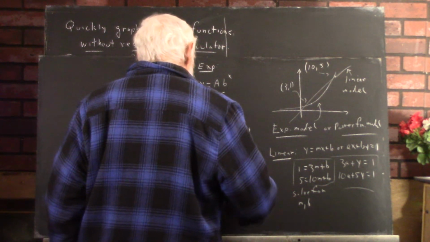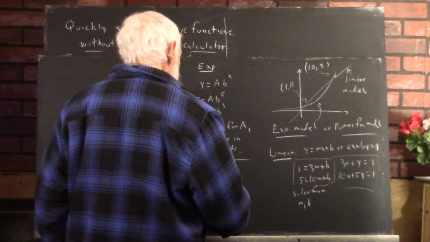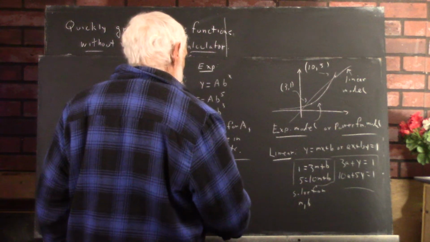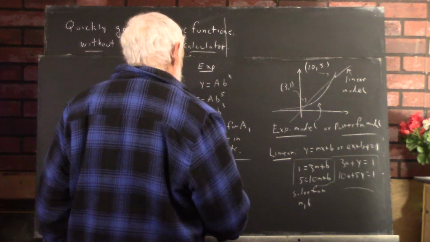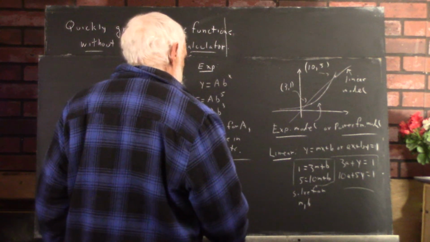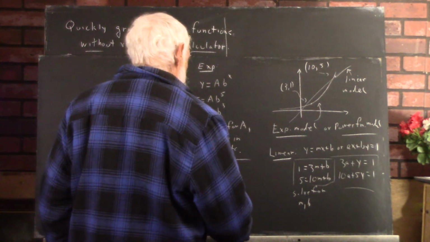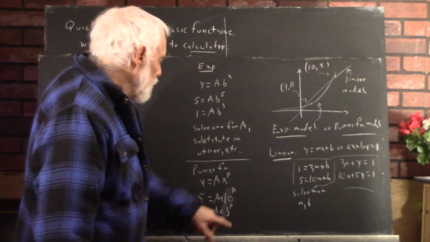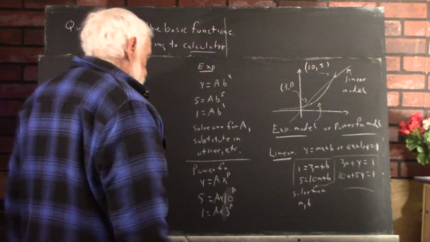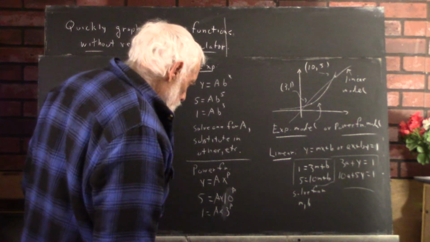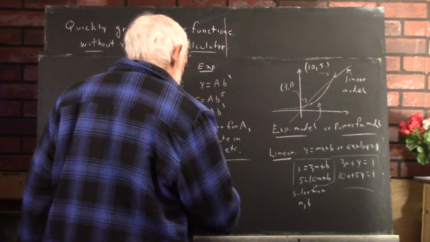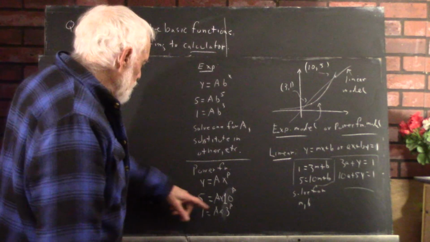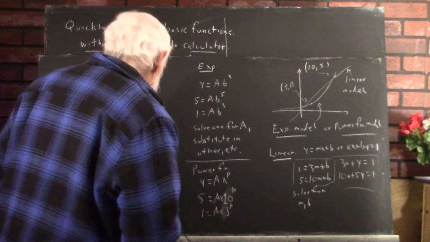Y equals a times, okay, let's see, 5 is going to be 10 to the p, and this will be 5 equals a times 3 to the p. That 10 looks like an absolute value sign in front of a 0.